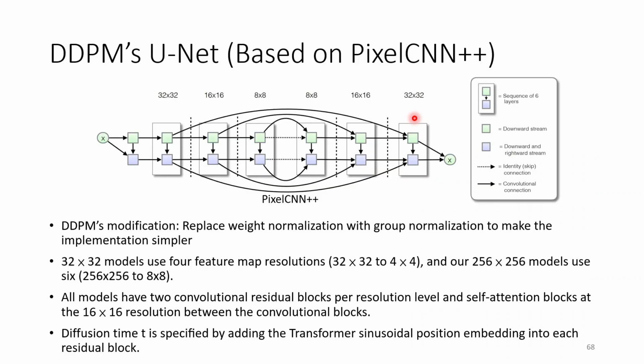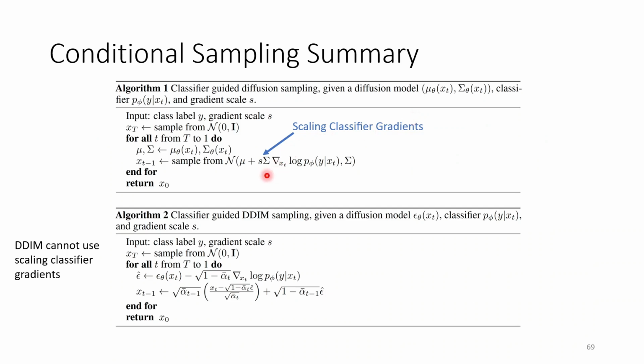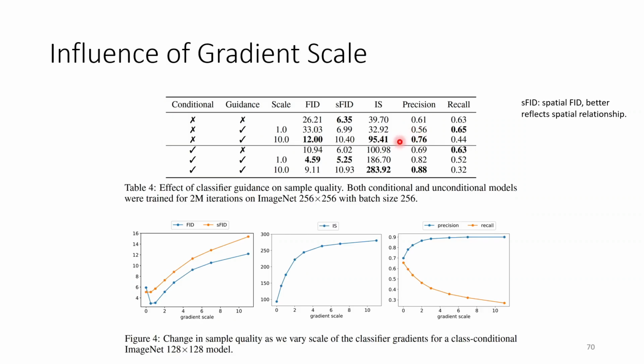So they want to modify the DDPM UNet, and they found, okay, if they use an existing classifier for the ImageNet dataset, and they use a scaling factor to enlarge the gradient generated by the classifier, then okay, they generate quite good results.